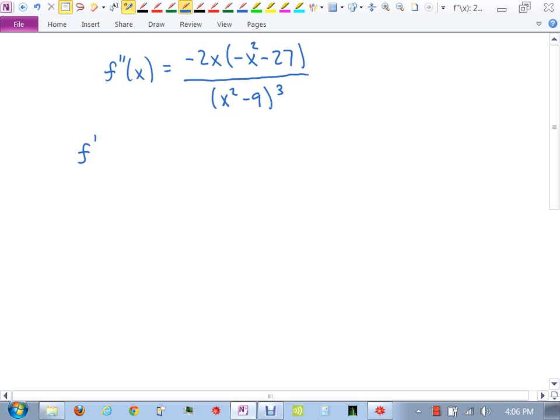Okay, where is this thing 0? Only the numerator, right? So negative 2x times negative x squared minus 27 equals 0. I can divide both sides by negative 2.